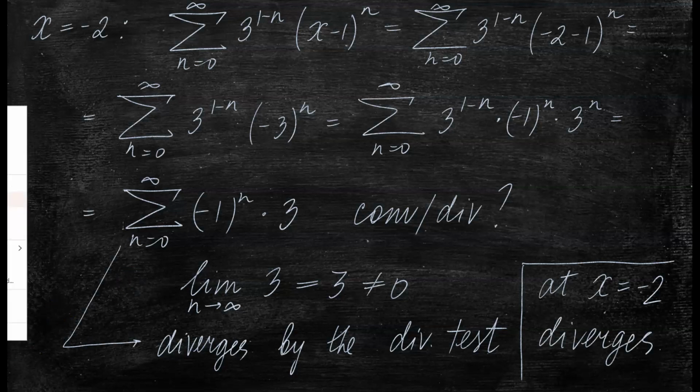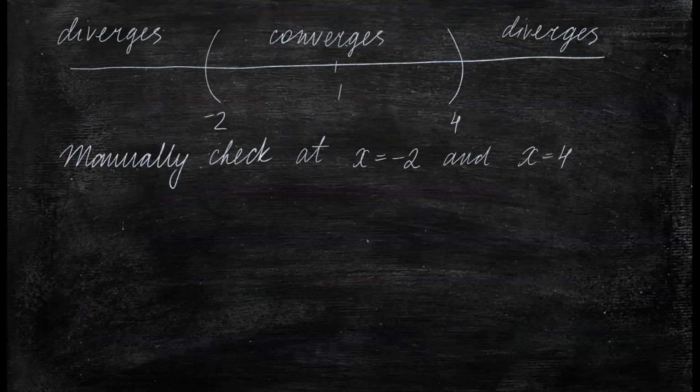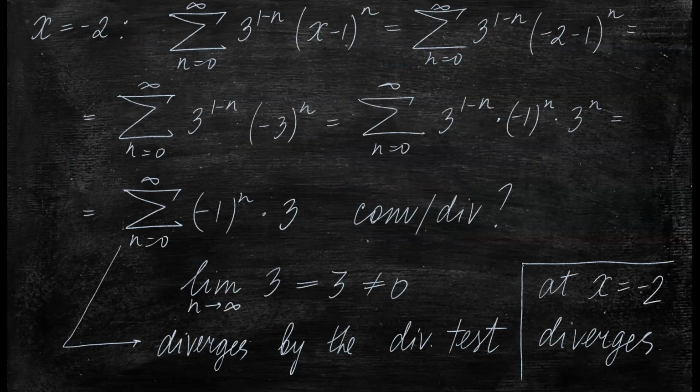Now we have to do the same exact thing at the other boundary, which is 4. So right now we know at x -2 our series diverges. What's going on at 4? So now instead of -2 we're going to plug in 4. Now 4 minus 1 is 3 to the power n, and we don't have alternating series here, and it makes things a little easier.